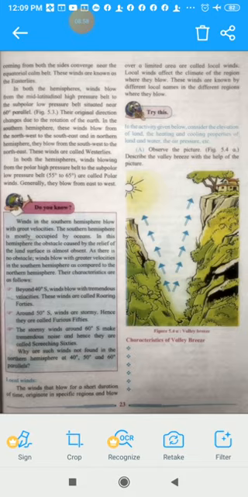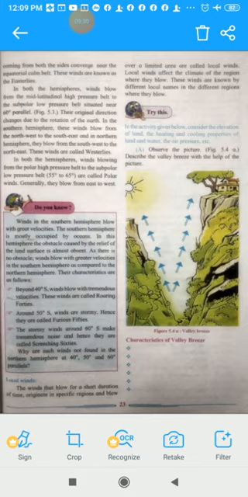Then do you know winds in the southern hemisphere blow with great velocities? In the southern hemisphere, you know why, we will see the reason for that. Why in the southern hemisphere do the winds blow with great velocities? What is the reason for that? The southern hemisphere is mostly occupied by oceans. So most of the area on the southern hemisphere is occupied by oceans, that is water bodies.